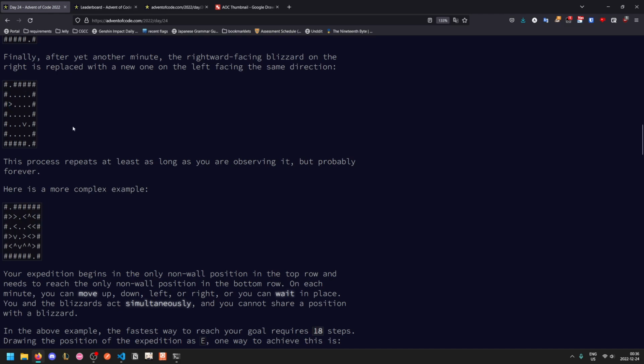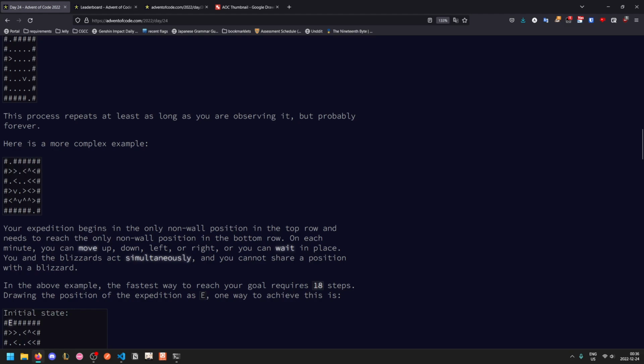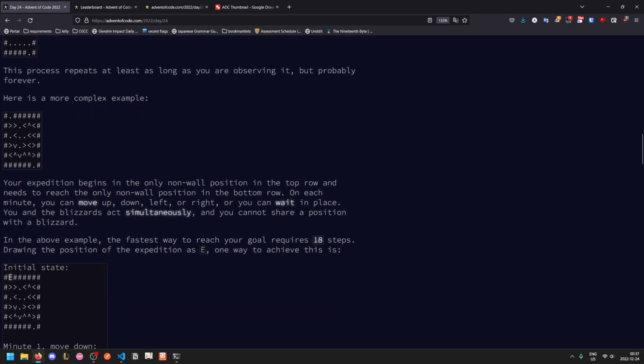And this time, unlike with the monkey tossing problem, this actually matters. So this is a more complex example, which is what the sample input will run us through. This has a width of 6 and a height of 4. If we just naively took the product, that would be 24, whereas if we take the LCM, that's 12.